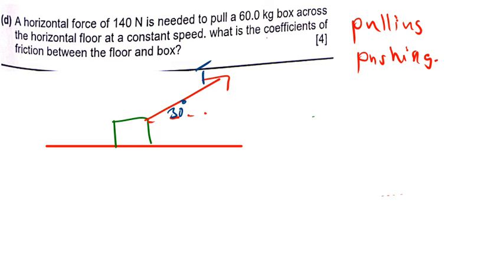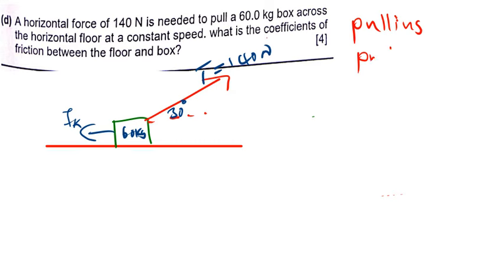Let's say this force is 140, and then you have been told that there is friction. And the net force is 0, like the way this question is, and the mass is the same, 60 kgs. Let's find the coefficient of friction.